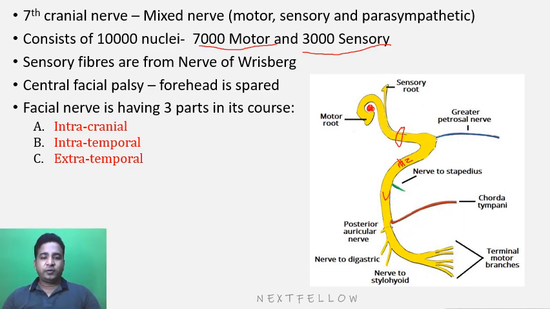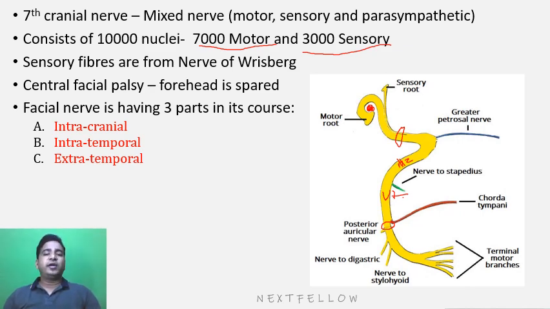And this forms the vertical part in the middle ear. This vertical part then exits from the temporal bone through the stylomastoid foramen, and after exiting from this foramen, the facial nerve gives multiple branches to various muscles.